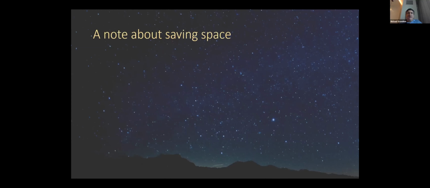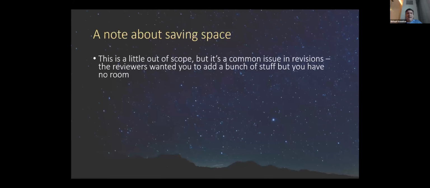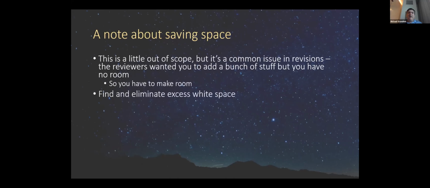So a note about saving space. This is a little out of scope, but it's a common issue in revisions. Especially if the reviewers wanted you to add a bunch of stuff, you have no room. So you have to make room. So your first goal should be to find and eliminate excess white space. Do you have a lot of white space around images or tables? Do you have too much space between the paragraphs or at the end of pages?